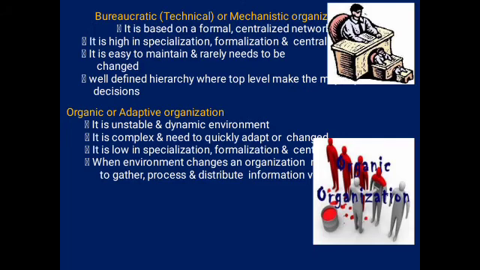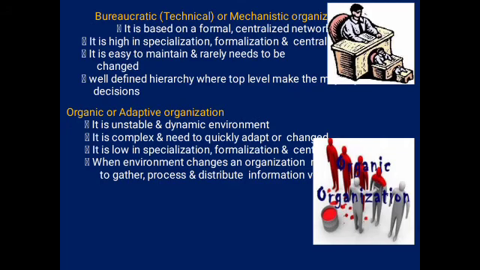It is easy to maintain and rarely needs to be changed. If you follow it perfectly, it is easy to maintain. Here there is a well-defined hierarchy where the top level makes the majority of the decisions. Since the top level is taking decisions, there will be a perfect hierarchy, so there is no need to change the hierarchy, decisions and other things periodically.